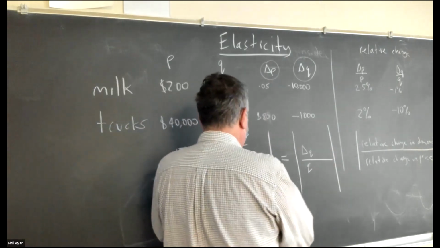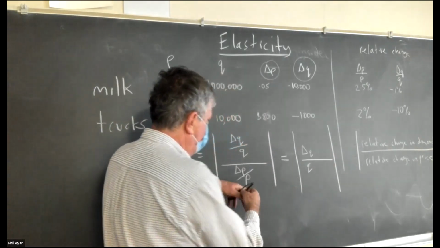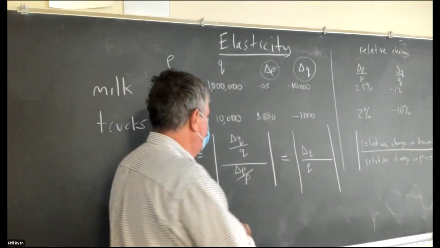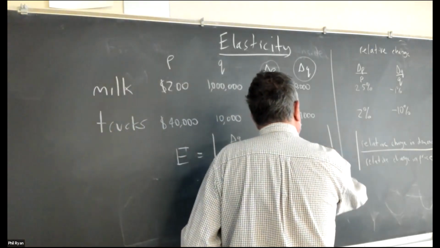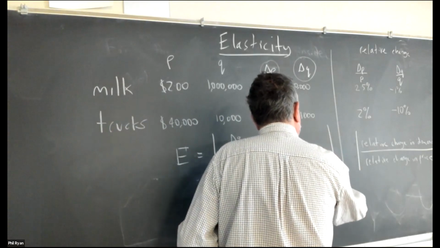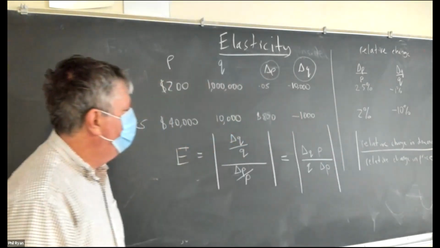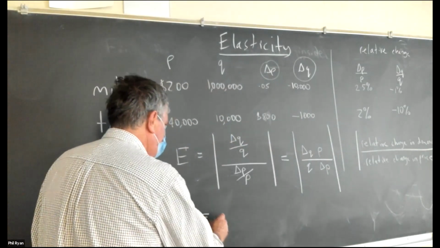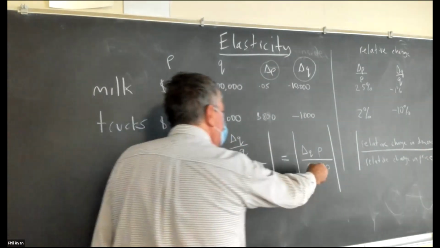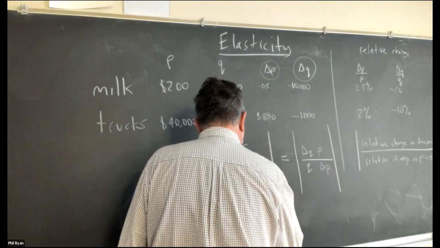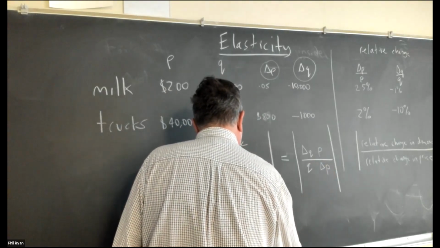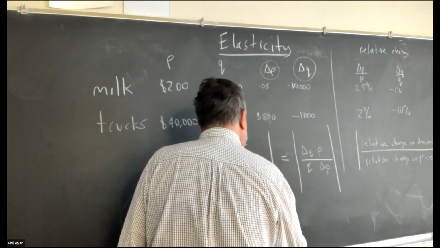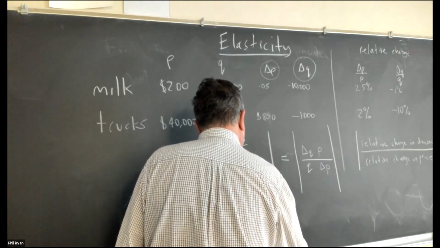Yeah. So down here, the denominator in the denominator becomes the numerator, right? So that flips over. And now we do one tricky bit, which is just to swap this order. So we get delta Q over delta P times P over Q.